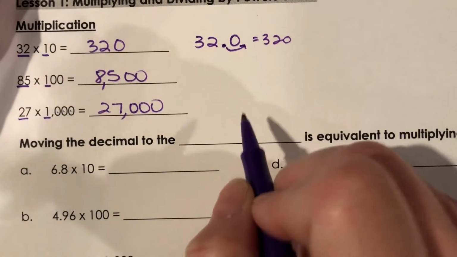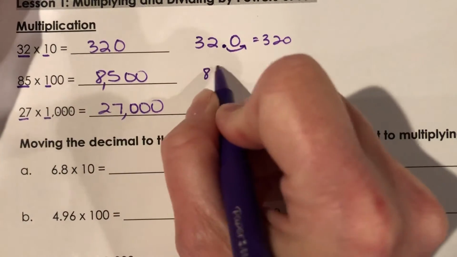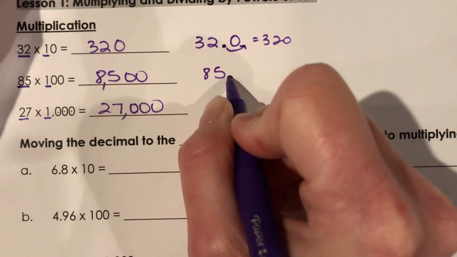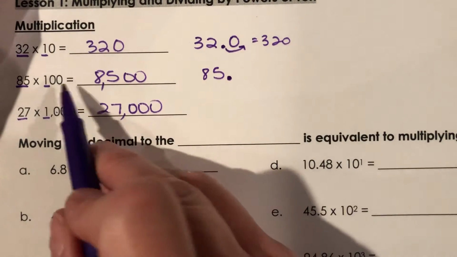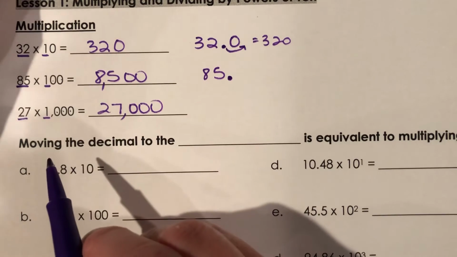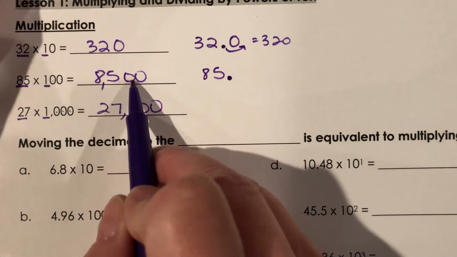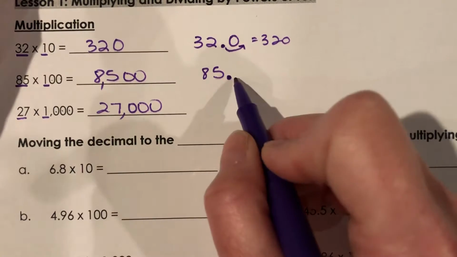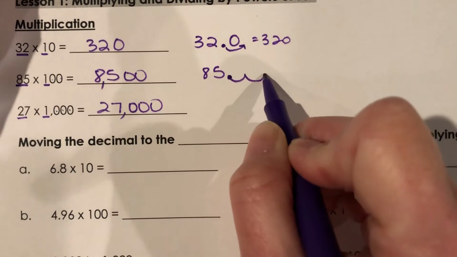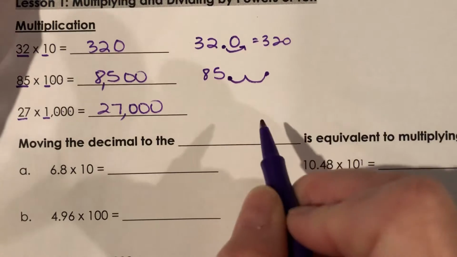The answer is yes. Now, when you have 85 times 100, technically the decimal point's right there, right? If I'm going to multiply by 100, that's like multiplying by 10 twice, right? And you notice here there's 2 zeros. That's because my decimal point actually shifted 2 places to the right and moved to the end.